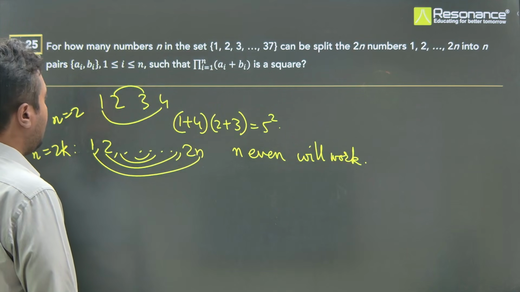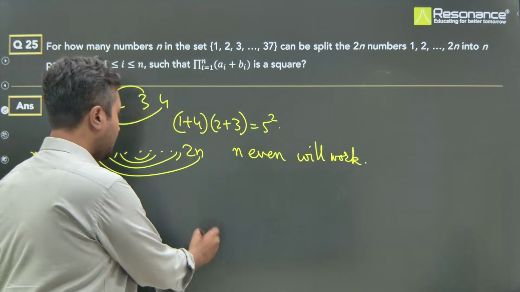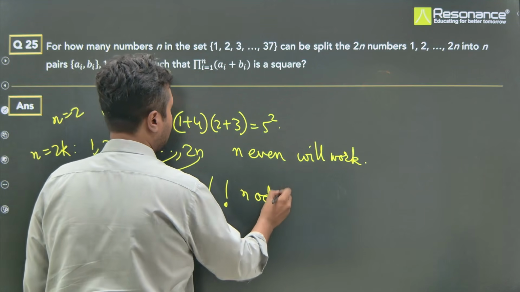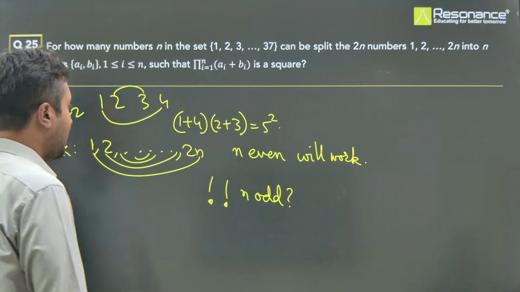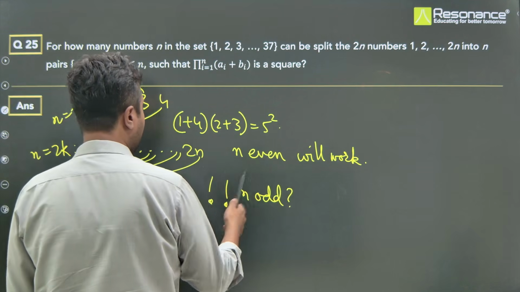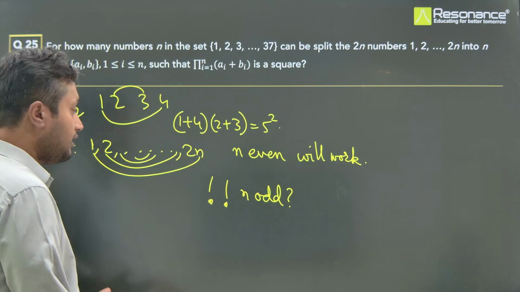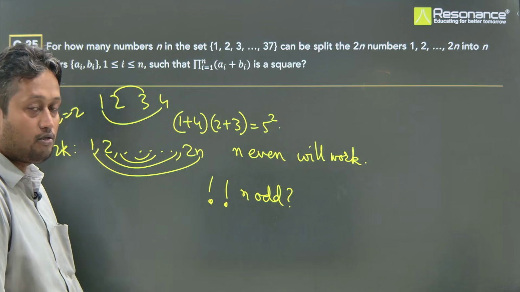Okay. In fact, my guess would be that only even numbers work, but that needs some work. So n odd, I'll let you know if I come up with a decent solution for that. Okay, so n odd, at least it doesn't seem to work for small values of n, but there must be some obstruction which really stops it, or there must be a solution that works.